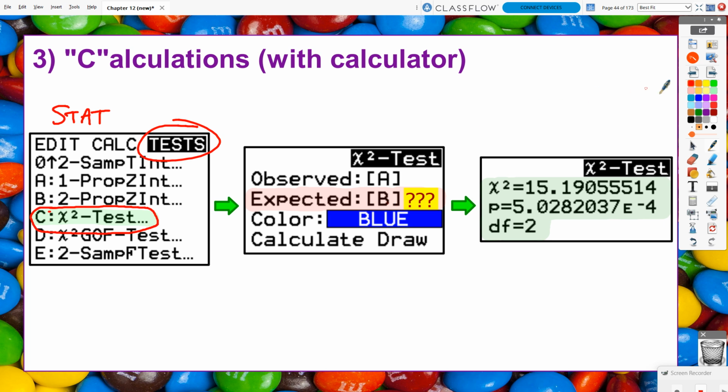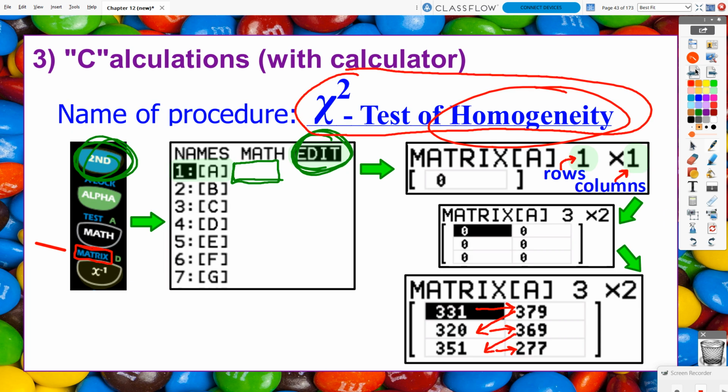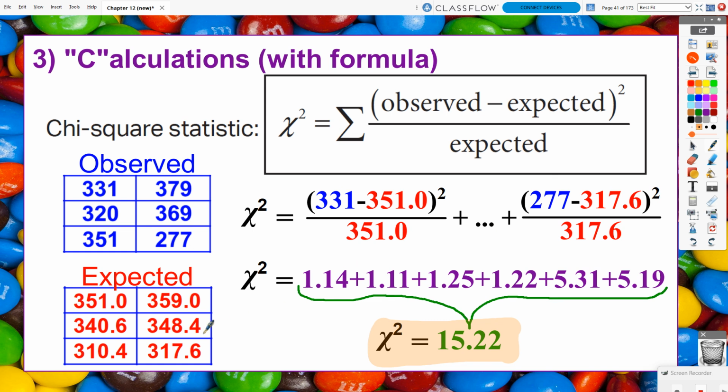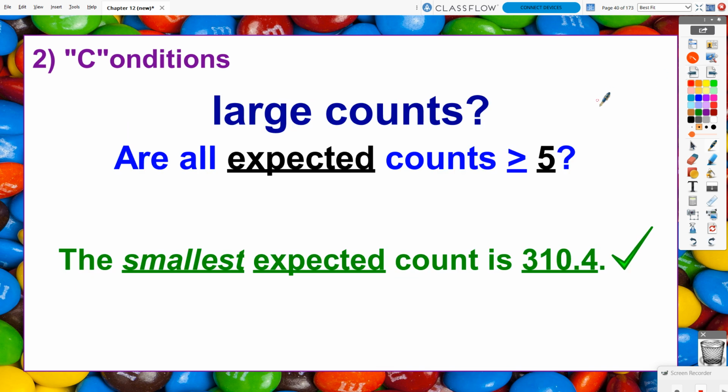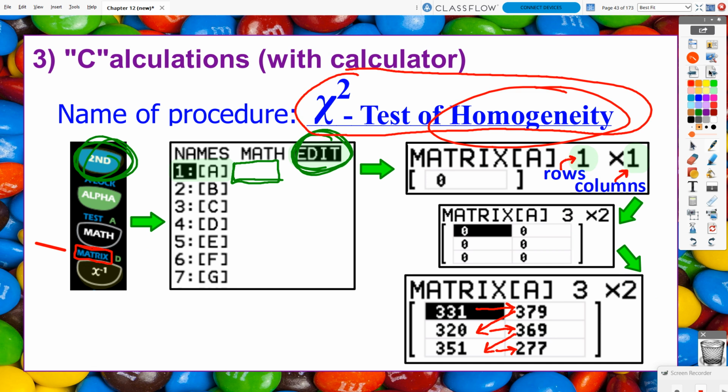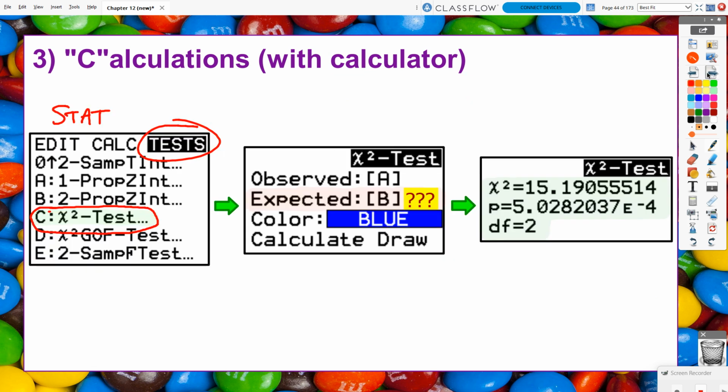Well, if you were going to do this problem by hand with the formula, you would need to know the expected counts to use the test statistic formula. We also needed them for the large counts condition. We needed to know how big the smallest expected count was, and we already figured out that it was 310.4. I do have a recommendation later on, once we go through the full calculator command. We'll loop back around and talk about some strategies.